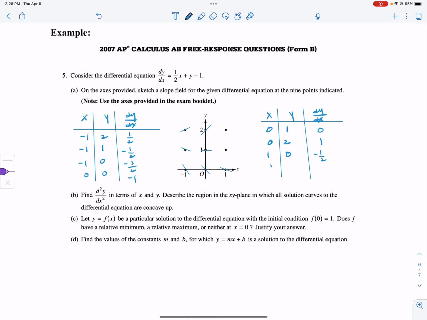And (1, 1) would be +1/2. And (1, 2) is 3/2.